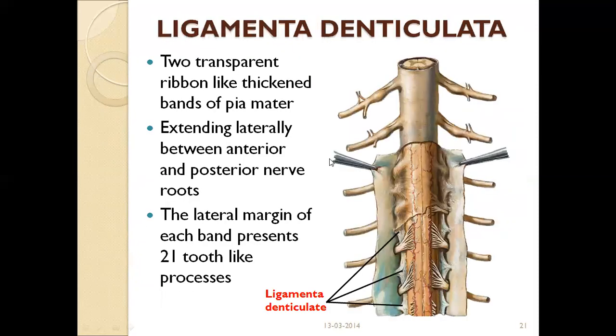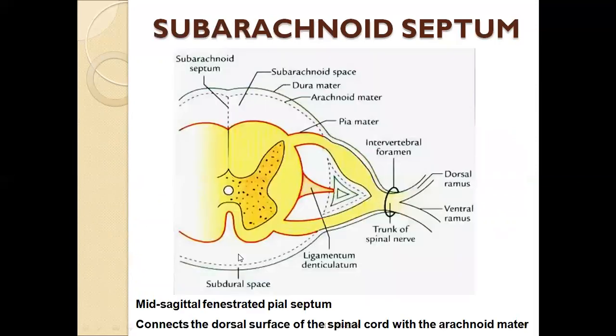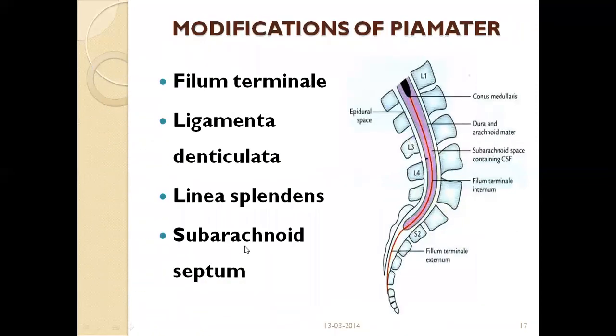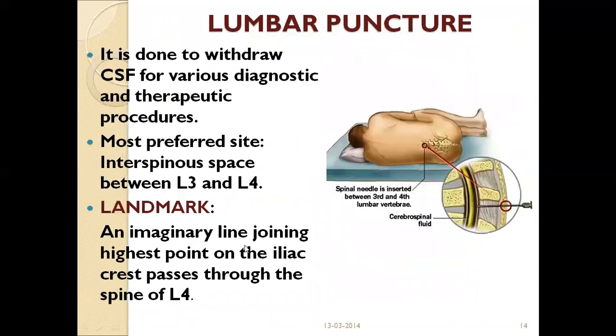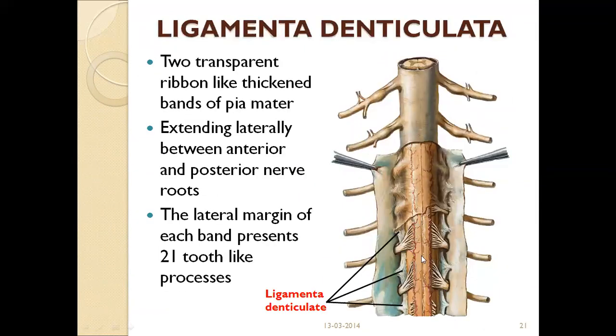Then we have linea splendens, which is a medial glistening line made up of pia mater, located on the ventral surface along the anterior median fissure. That is the linea splendens. Like here in the midline, you will have linea splendens.